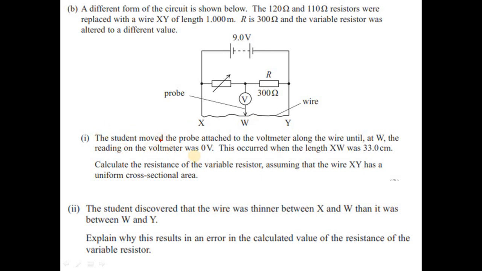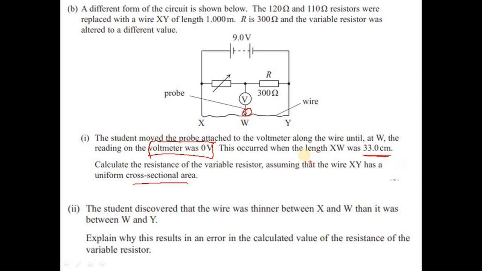The student moved the probe attached to the voltmeter along the wire until at W. The reading on the voltmeter was 0 again. This occurred when the length XW is 33 centimeter. Calculate the resistance of the variable resistor, assuming that XY has a uniform cross-sectional area.